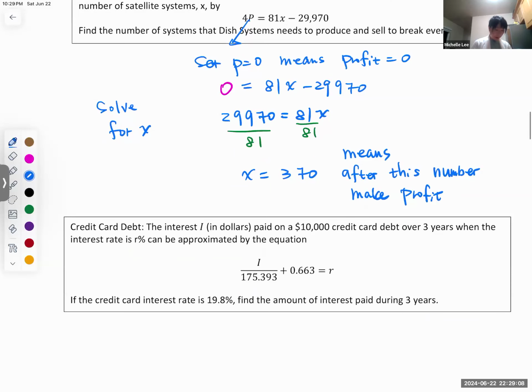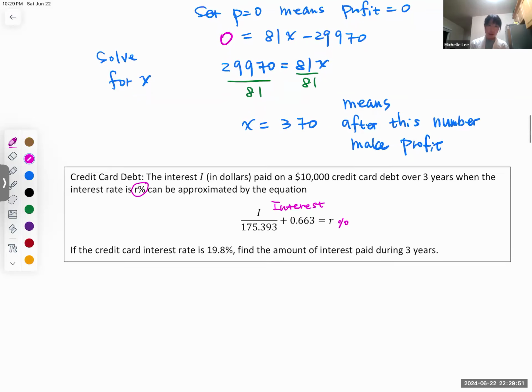Okay. Let us do this one. Credit card debt: the interest I, in dollars, paid on a $10,000 credit card debt over 3 years when the interest rate is R percent can be approximated by the equation I over 175.393 plus 0.663 equals R. So in the case R percent, I is interest in dollars.